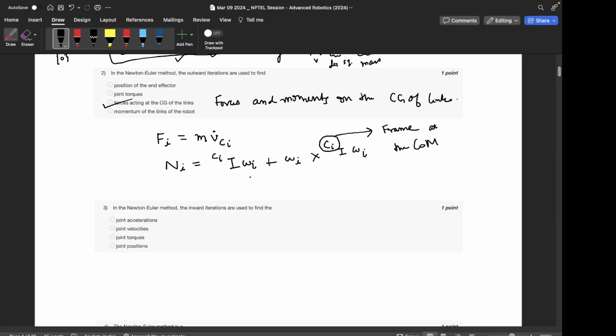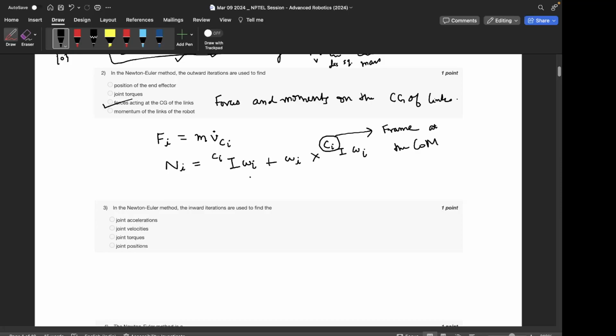CG will differ from the center of mass when the gravity vector varies along the length of the body, which is not practical for bodies at the scale at which we work. It would be like a rod comparable to the radius of the earth. So for all practical purposes, CG and COM are the same. Okay, sir.